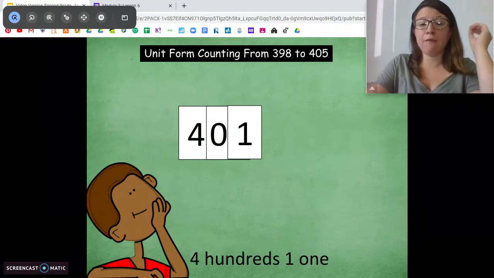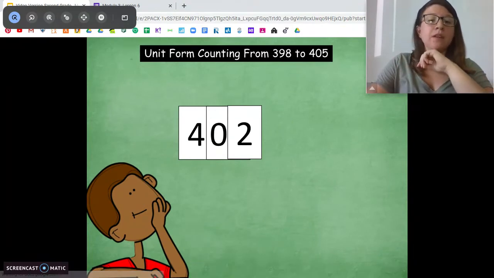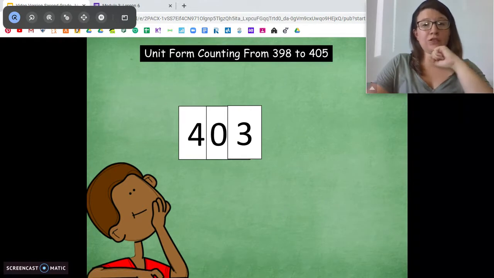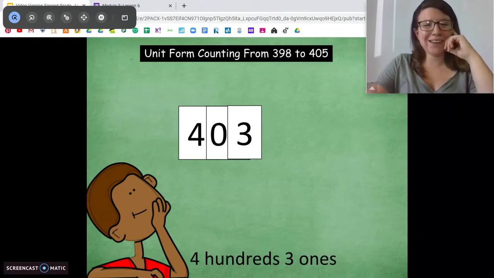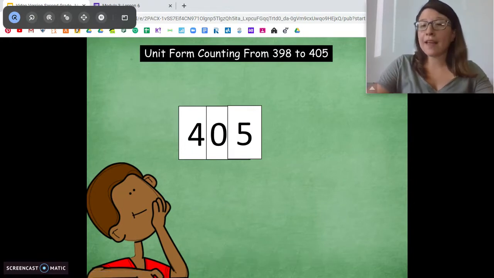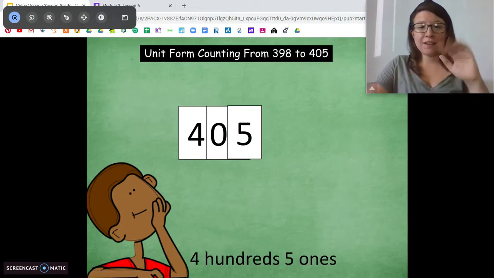Or you can just say 4 hundreds, 1 one. 4 hundreds, 2 ones. 4 hundreds, 3 ones. Very good. 4 hundreds, 4 ones. Awesome. And last one, 4 hundreds, 5 ones.